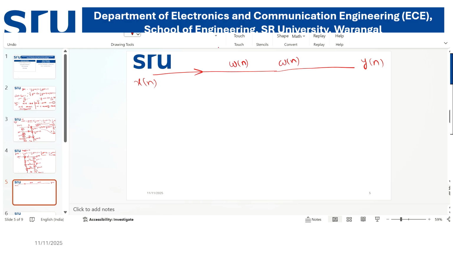In equation number 3, w of n is the input side. Then the input is delayed by z power minus 1, that is x of n minus 1, and the coefficient here is 2 and here 1 by 5. Again one more coefficient. So this is a combined circuit which is the realized circuit in direct form 1.